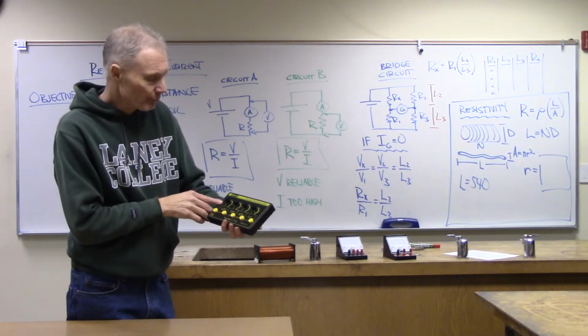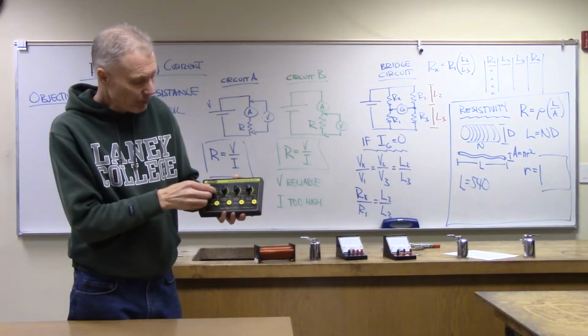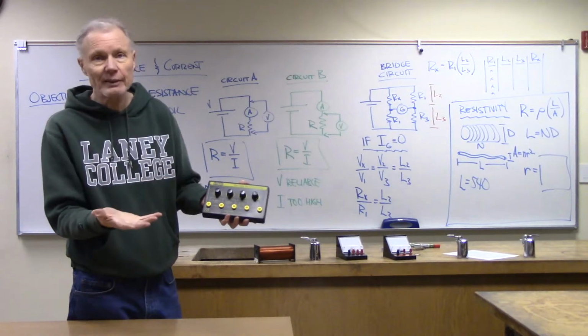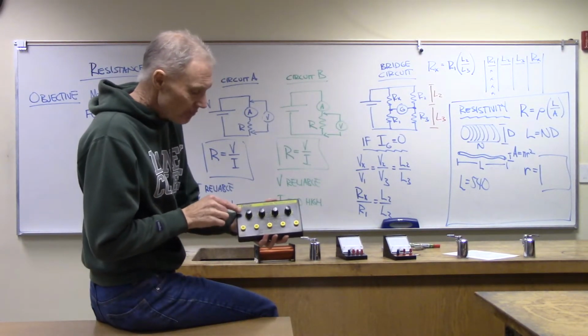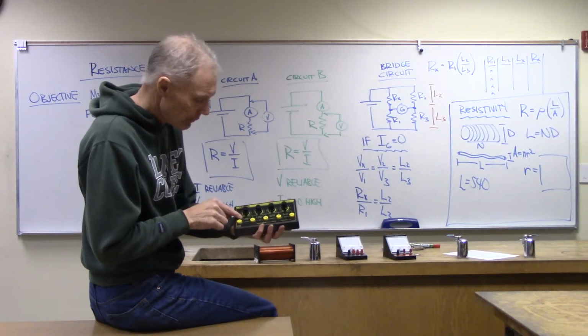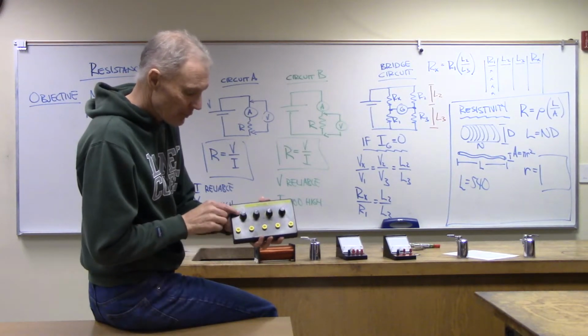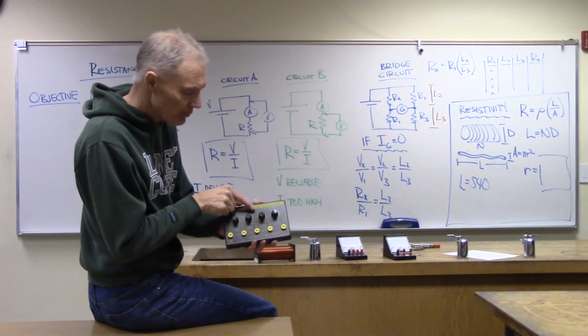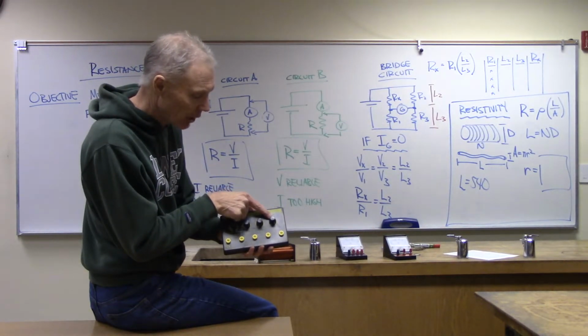This is what's called a precision resistor box, and what it allows us to do is just dial in a resistance, which is kind of interesting. That's kind of fun. We can go from, I guess these are the 10,000s, these are the thousands, these are the hundreds, and these are the 10 ohms.